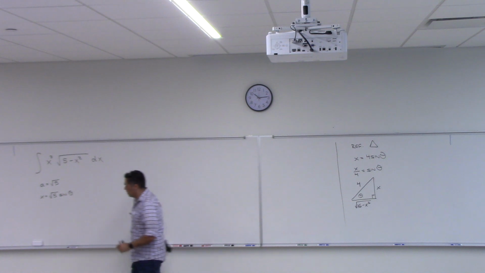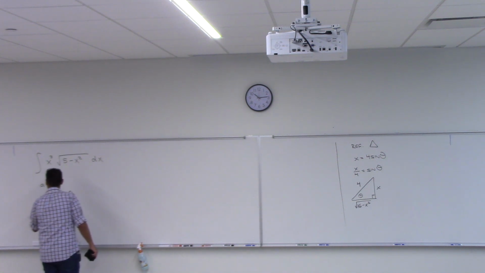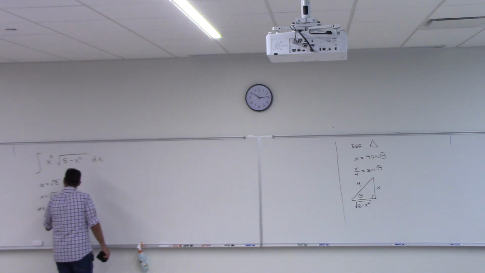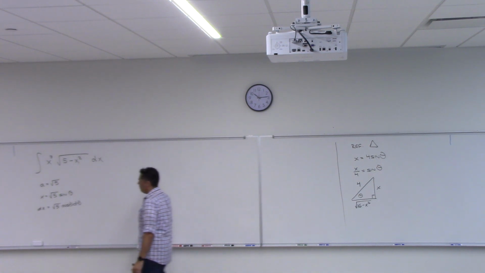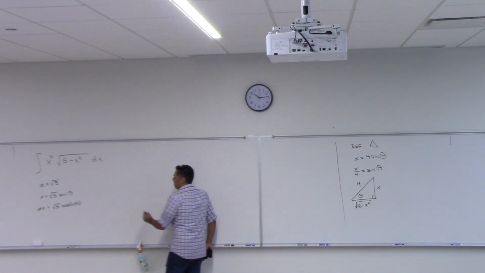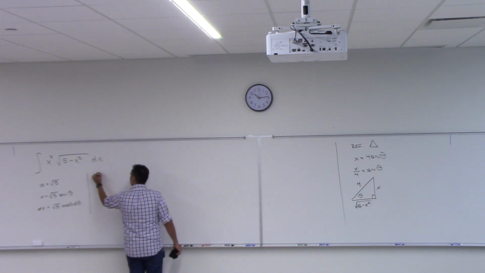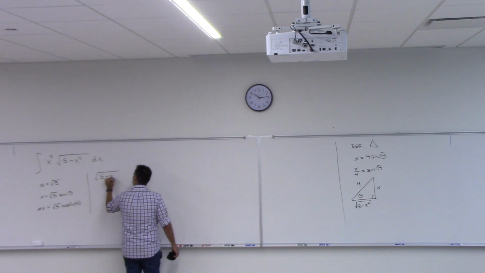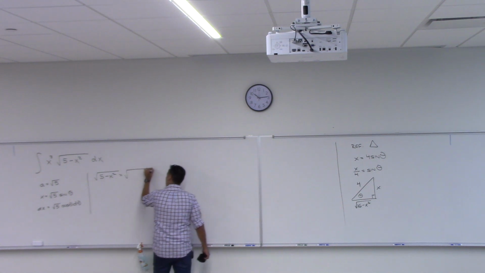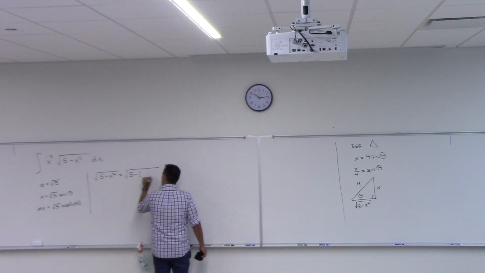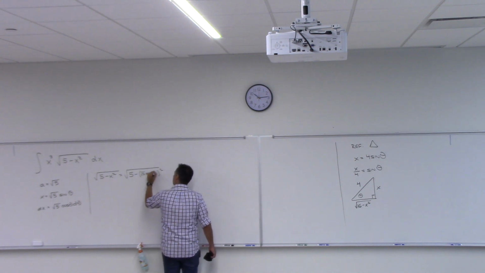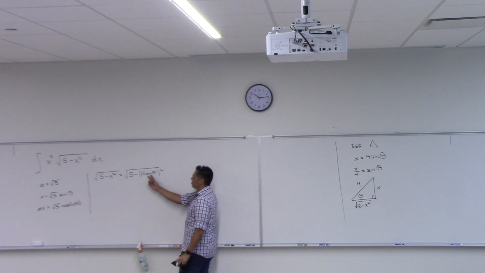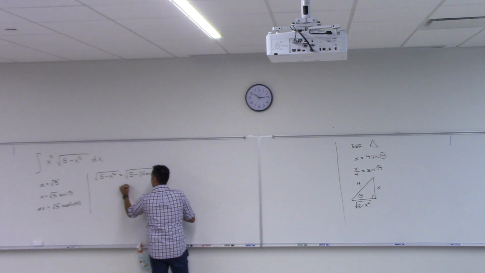Then I'm going to differentiate that. dx is root 5 cosine theta d theta. And then the square root of 5 minus x squared would become the square root of 5 minus, I'll take my time through this one, root 5 sine theta. So there's x, and I've got to square it. What happens when I square that?